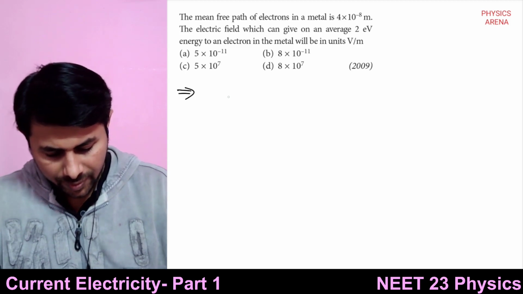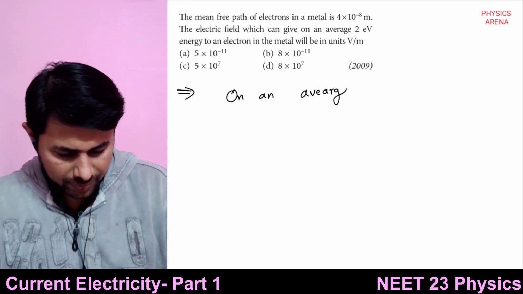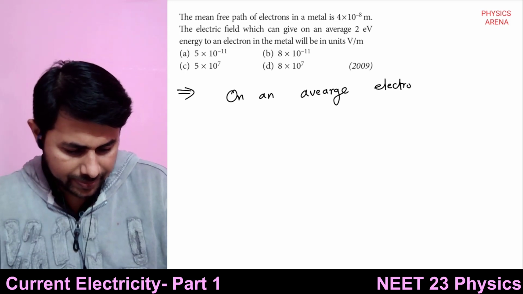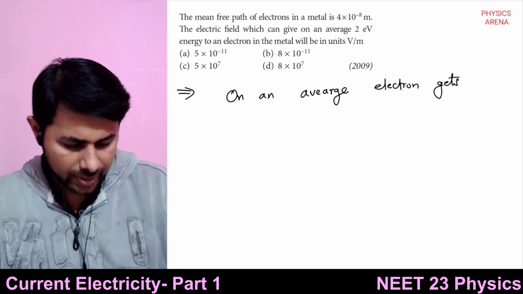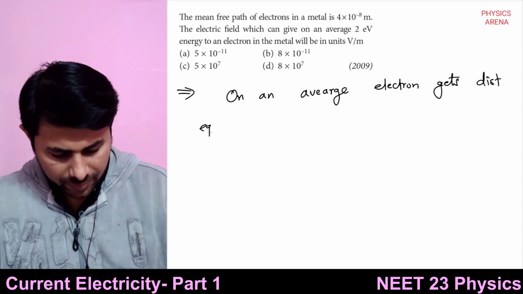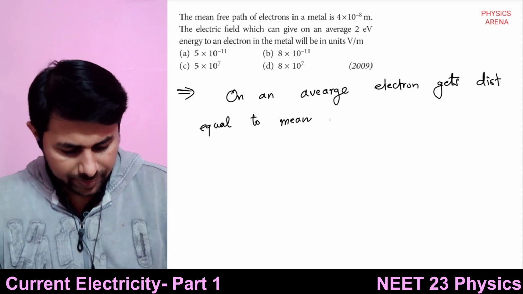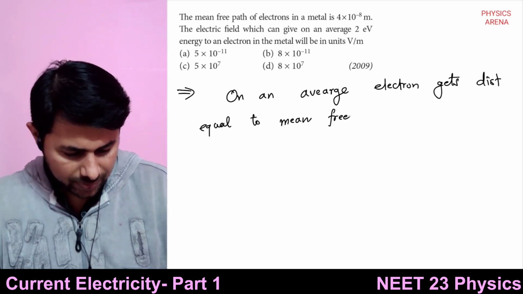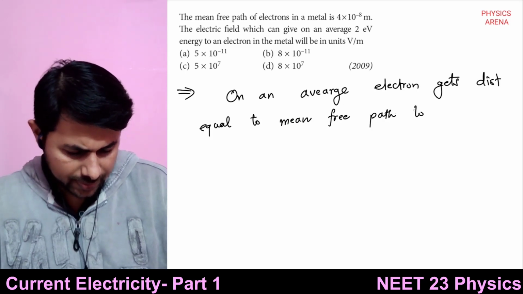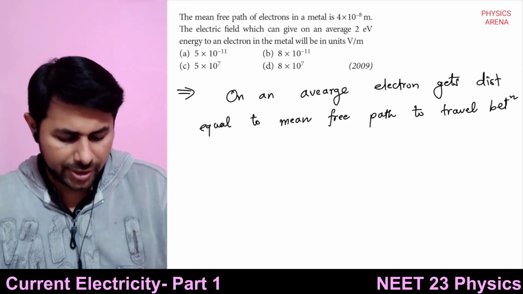So on an average, electron gets distance equal to mean free path to travel between two collisions.